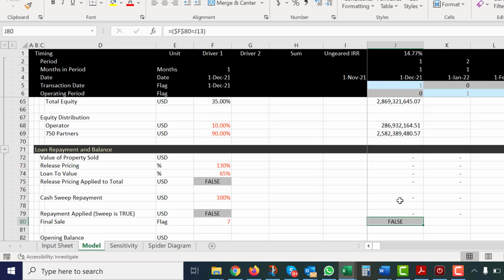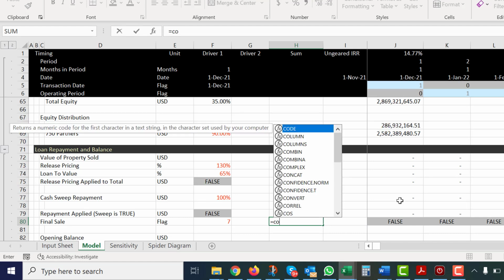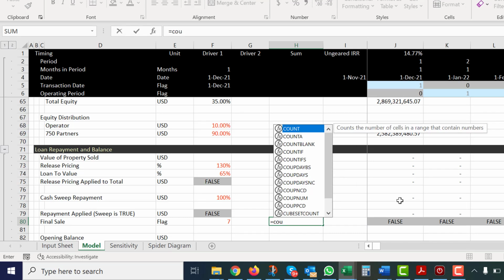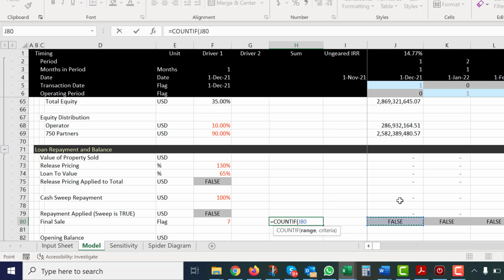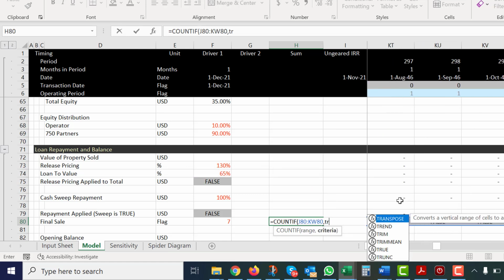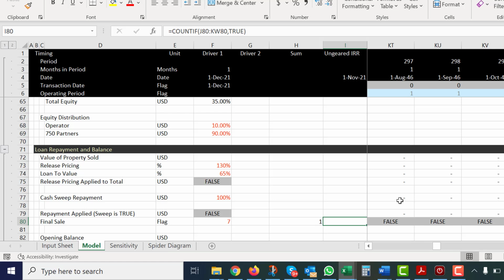And if we want, we could have put up here for the sum a COUNTIF. That's kind of a silly thing to do, actually. And we take this and put comma TRUE, and we get one sale.